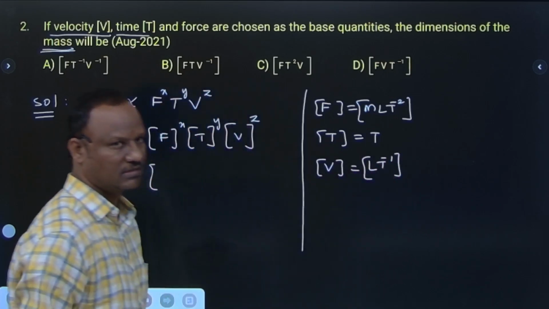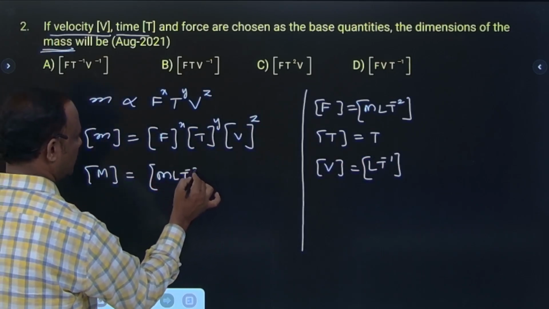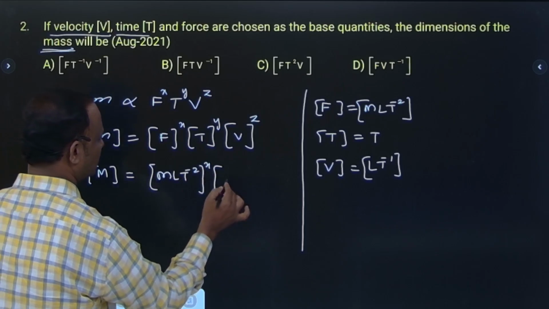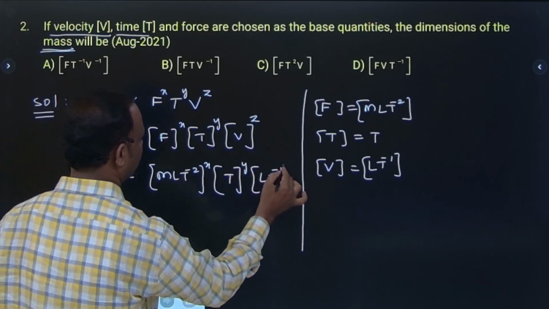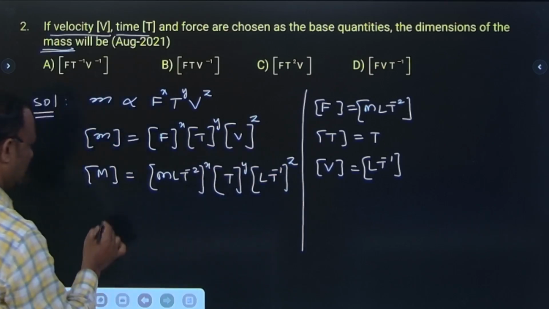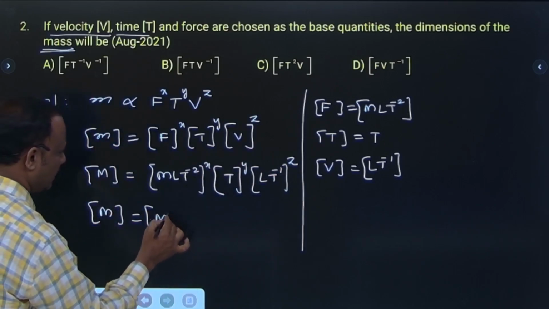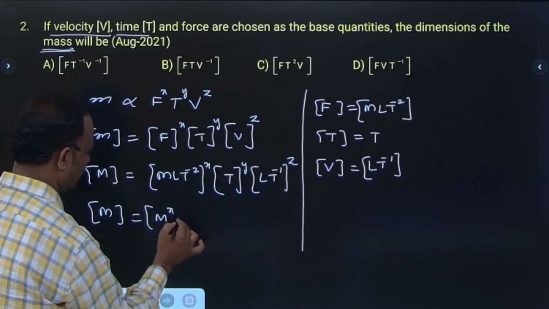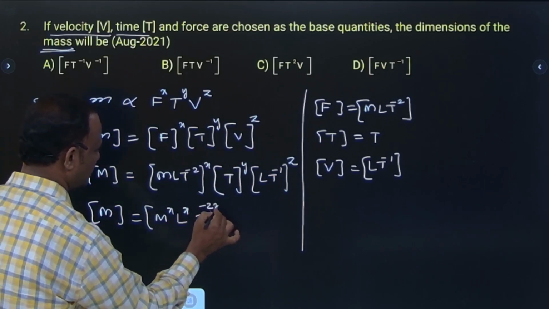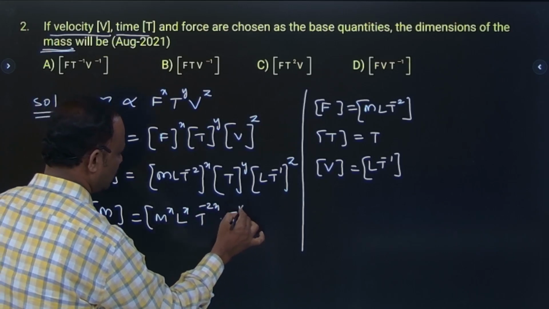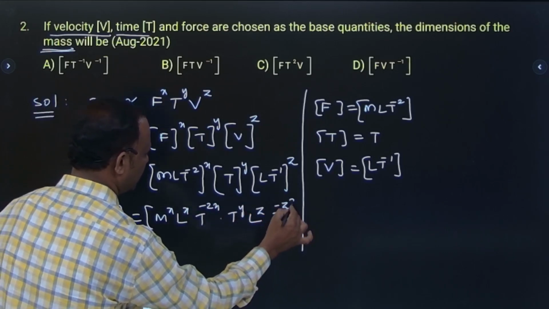Now we can substitute: F is MLT minus 2 to the power of x, T to the power of y, V is LT minus 1 to the power of z. So M is equal to M to the power of x, L to the power of x, T minus 2x, T to the power of y, L to the power of z, and T minus z.